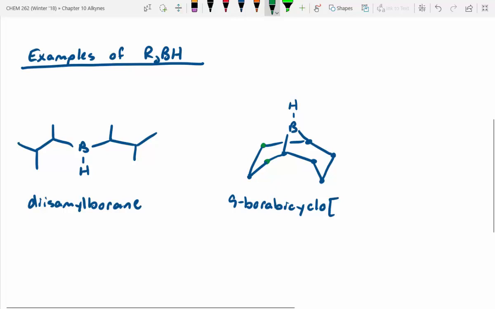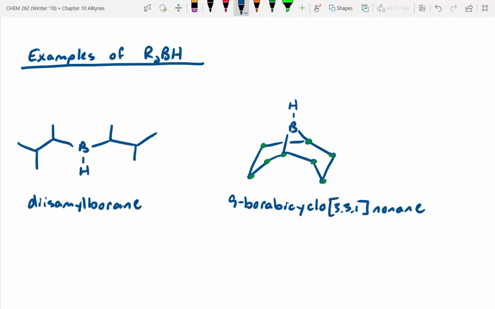So what should go in the brackets? Let's think about it this way. I've got my two bridgeheads. Longest bridge would be 1, 2, 3. Second longest bridge would be 1, 2, 3. Third longest bridge would be one atom, specifically the boron. So this would be a 3-3-1. So 9-borabicyclo[3.3.1]nonane. This is obviously a huge mouthful, so people just call this 9-BBN.